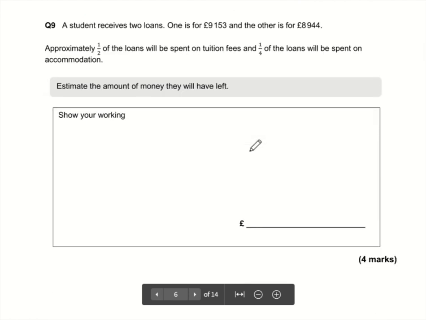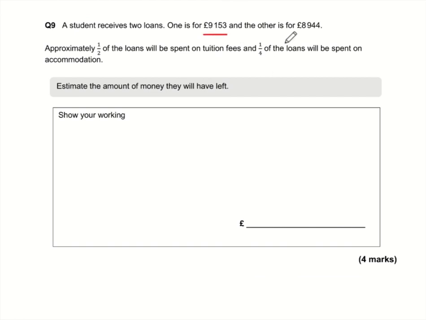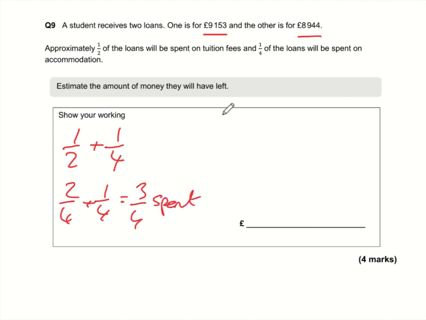Question number 9. A student receives 2 loans. One is for 9,153 and the other is 8,944. Approximately a half is spent on tuition and a quarter on accommodation. So he spent a half plus 1 quarter. Well, we know that a half is 2 quarters, so we've got 2 quarters plus 1 quarter, which is 3 quarters. So 3 quarters has been spent, so therefore 1 quarter left. So 1 quarter of what?